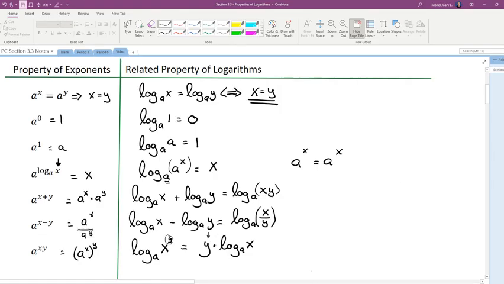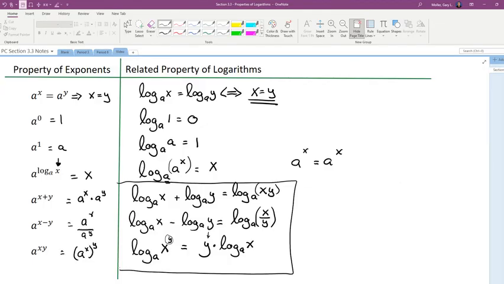These three properties are our major new rules for this section. They're referred to as our expanding or condensing rules, because we can take two separate logarithms and condense them into one, or we can take one and expand it into multiple.